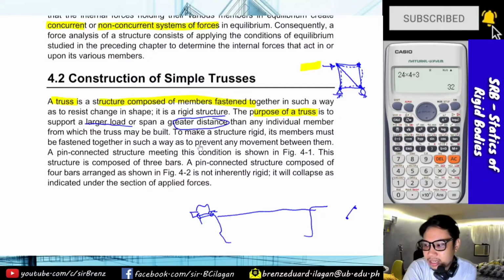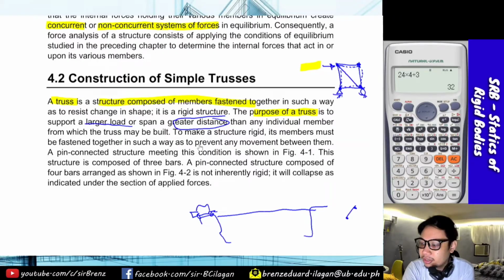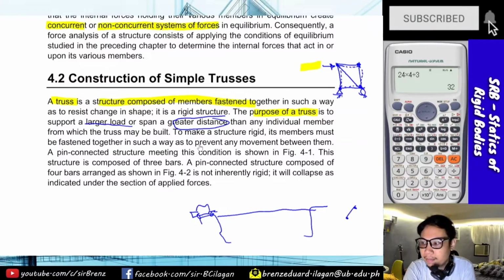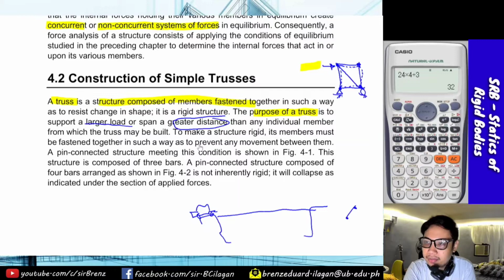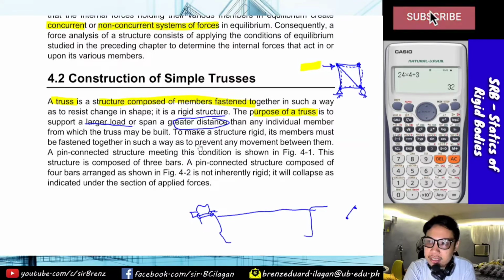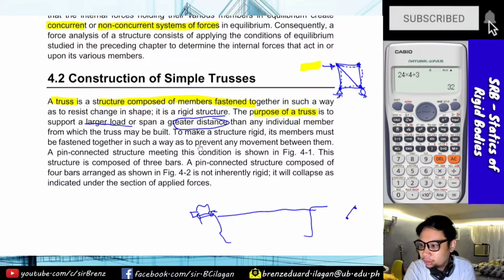Ang concept kasi niyan is magpapasahan sila ng force, so yung dadaan na force dyan, hahati-hatiin ng bawat member. And etong concept nito is i-discuss rin siya dun sa moving loads under ng structural theory. Okay, depende kasi yan sa location ng dumadaan kung saang part ng iyong structure makaka-experience ng maximum potential load.